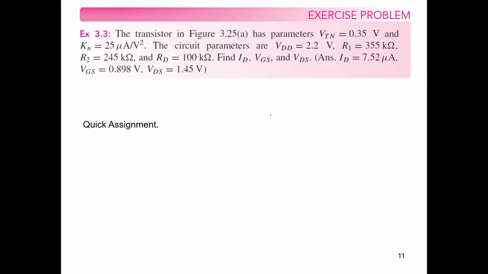So for this exercise, guys, we have the parameters. As you can see, VTN is given, KN is given, the circuit parameters are given, VDD 2.2 volts, and you have the resistors R1, R2, and RD, and you need to find also ID and VGS and VDS as well. And by the end, you have the answer just to let you know whether your calculations are correct or not.